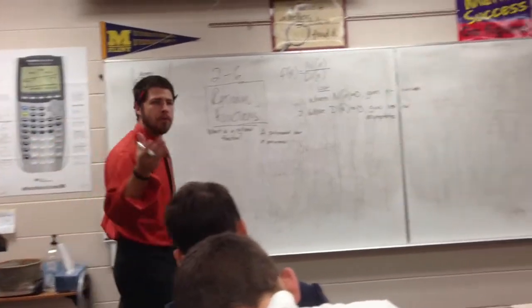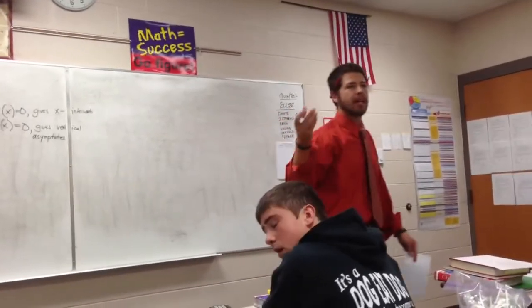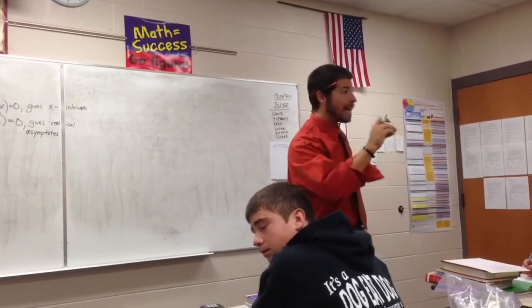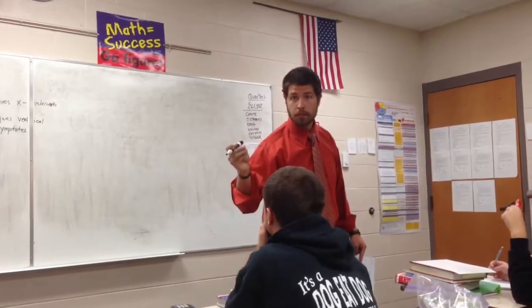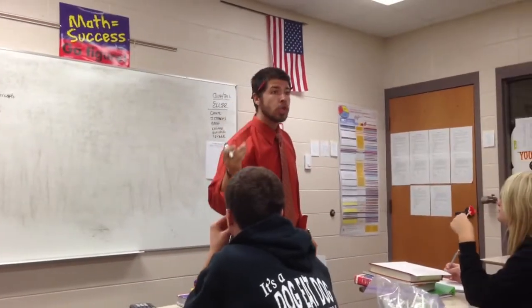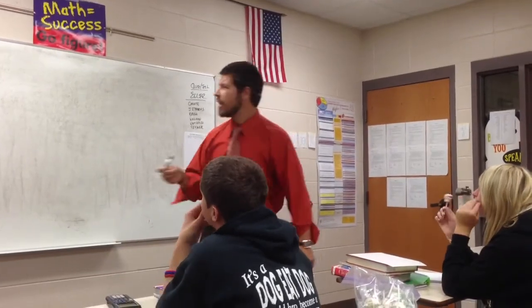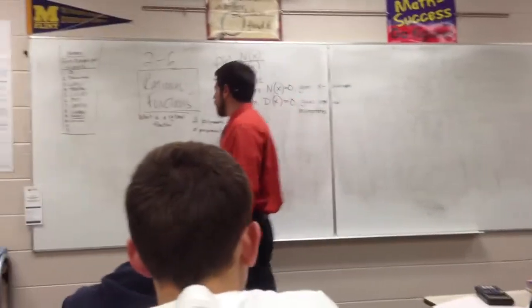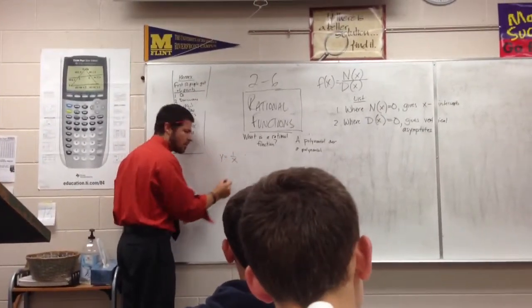I'll define it verbally for you, because we're going to know very quickly what they are. They are dotted lines on the graph that your function will approach but never ever touch. Don't write this down, just watch. Over here, remember our parent graph of something like y equals 1 over x, right?